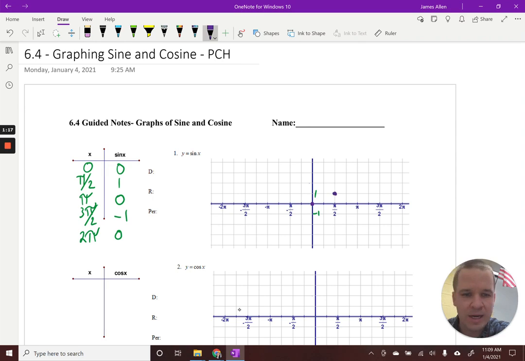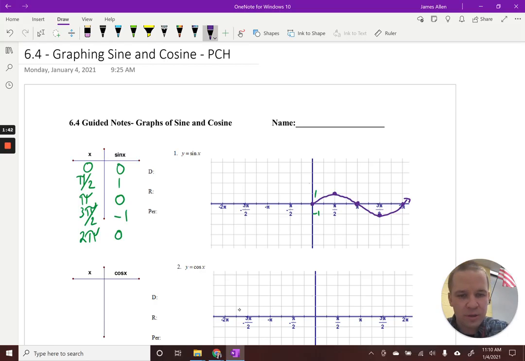And then I had pi, comma 0. And then 3 pi over 2, comma negative 1, and then 2 pi was back to 0. So what we see here, a little squiggly there, that is one period of this periodic function. Really this is going to continue on forever in that pattern, okay?